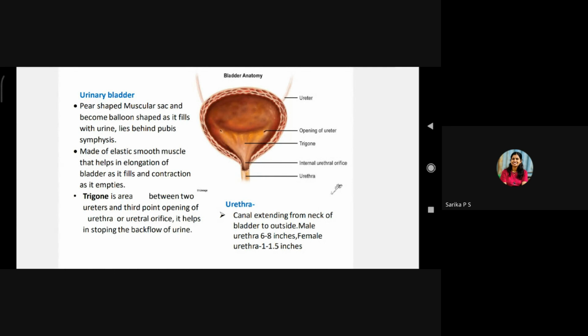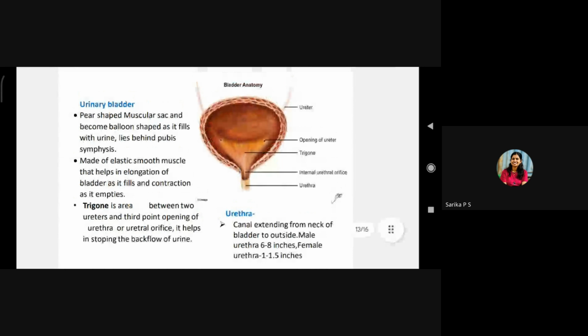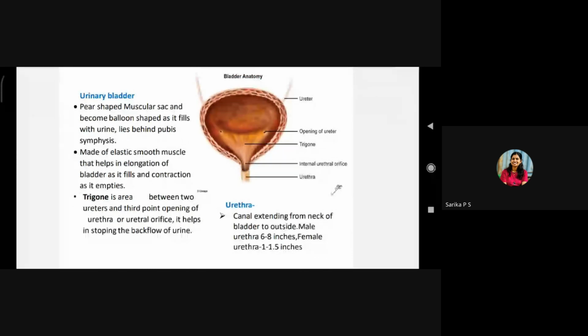So you should pass urine whenever it is needed. Otherwise, the bladder will lose its elasticity. I think this concept is very clear: if you stretch anything to its utmost and keep it stretched for a longer time, it is obvious that it will lose its elasticity, right?